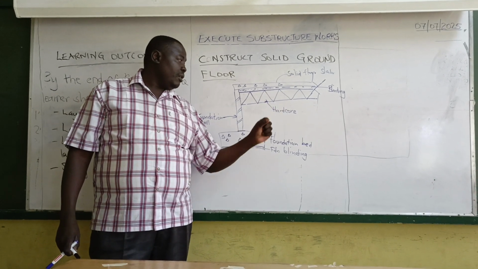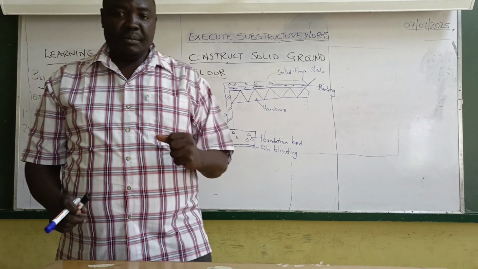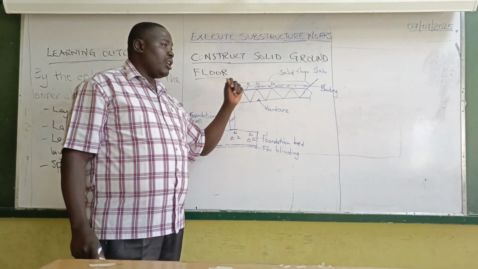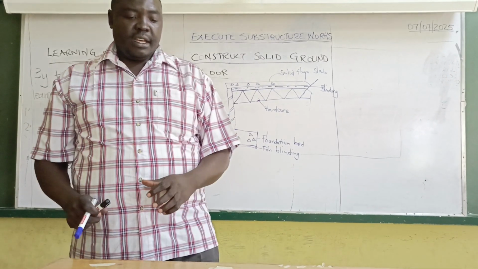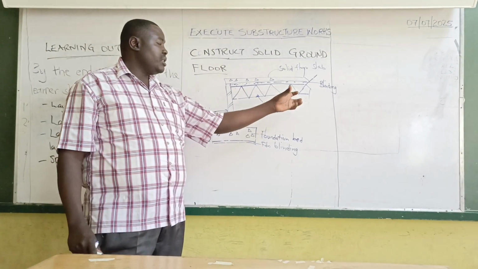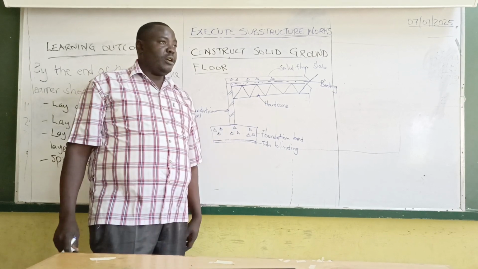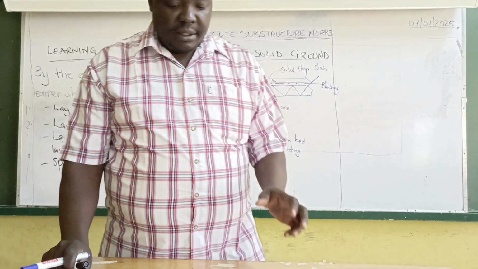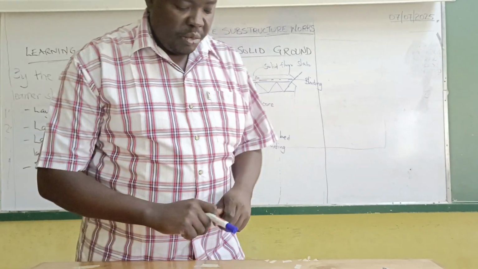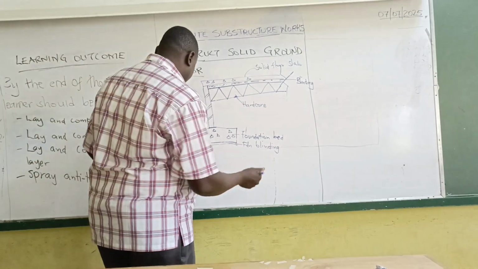So before you lay the undercore, the ground must be firm. What you do to make the ground firm, you level the ground, then you compact the ground. Then you start laying the undercore.